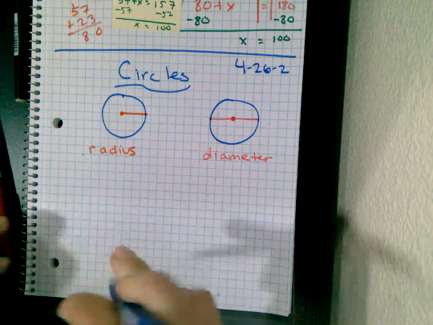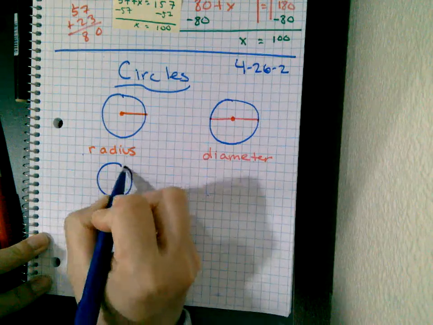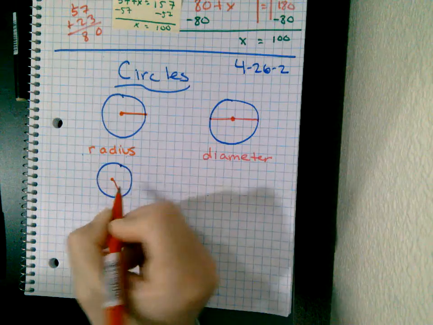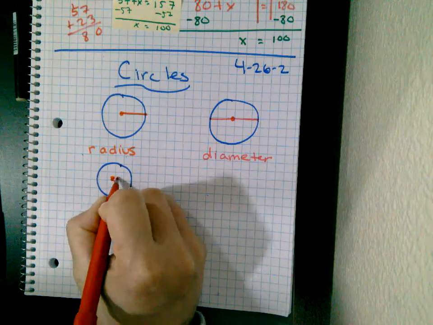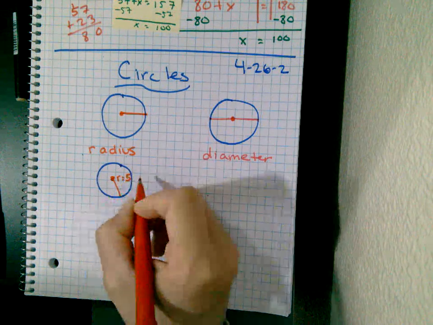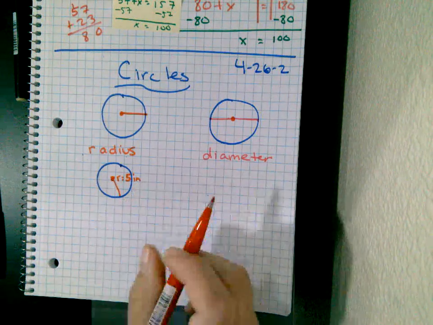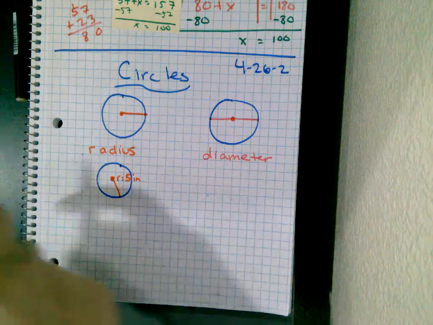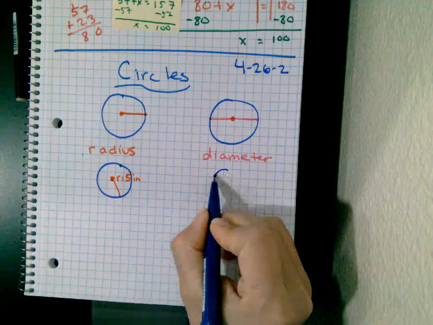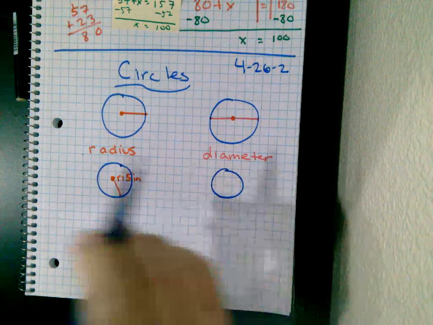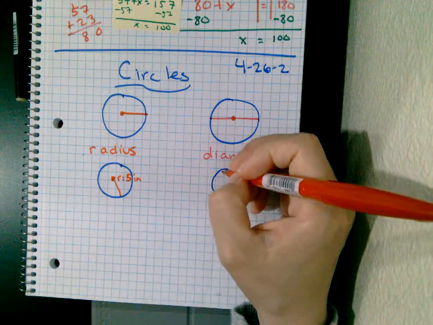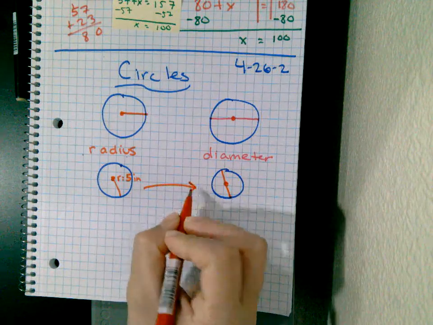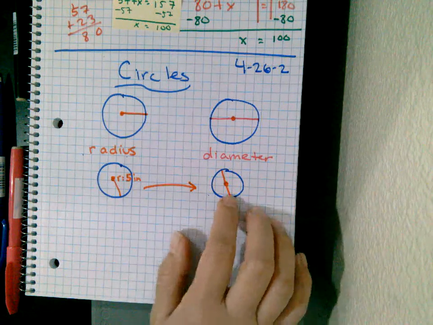Let's practice this relationship. I have a circle, and I'm telling you that the radius is equal to 5 inches. If the radius of this circle is 5 inches, and I draw the exact same circle to the best of my ability, I want to know, what is the diameter of the exact same circle?